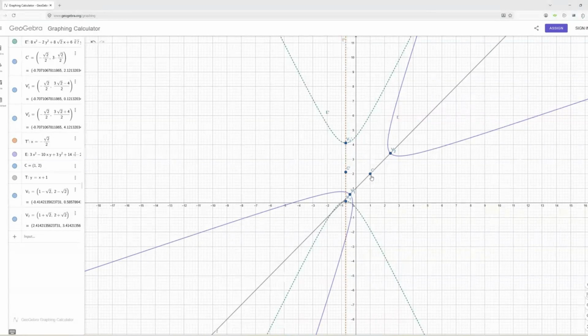Once we've applied a rotation by pi over 4 radians counterclockwise, we must then come left and up to reach the new center. And so the transformation applied by the matrix P simultaneously rotates the hyperbola by pi over 4 radians and translates it left and up.